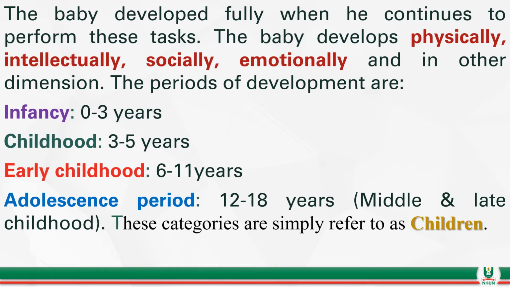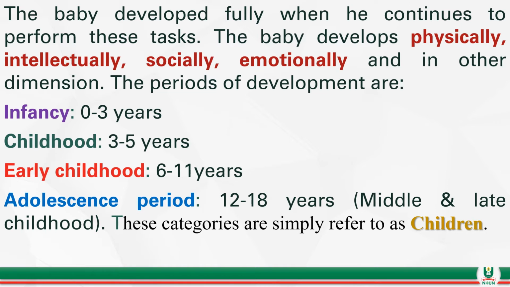The infancy period, which usually starts from 0 age to when the child is 3 years old. The childhood starts from 3 years old to 5 years old, while early childhood starts from 6 years to 11, and adolescent age starts from 12 years to 18 years.